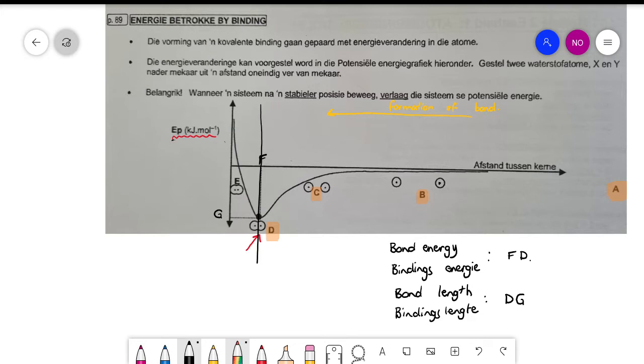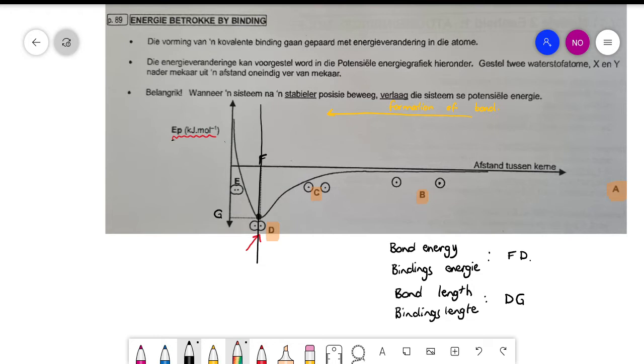What happens when they move closer together is now those repulsive and attractive forces are being felt. Nee? So hierdie ene trek hierdie ene aan, maar hierdie ene stoot ook hierdie ene af. Die aantrekkingskragte is groter as die afstotingskragte. And you guys can go and look at the four that they mentioned there. The attractive forces are strong. The repulsive forces are present, but one of the repulsive forces are weaker. Why?